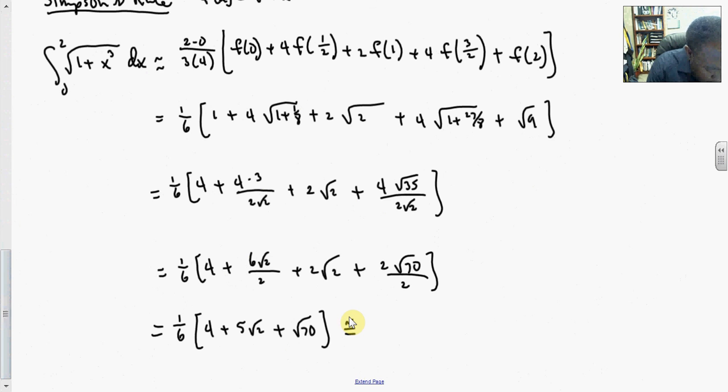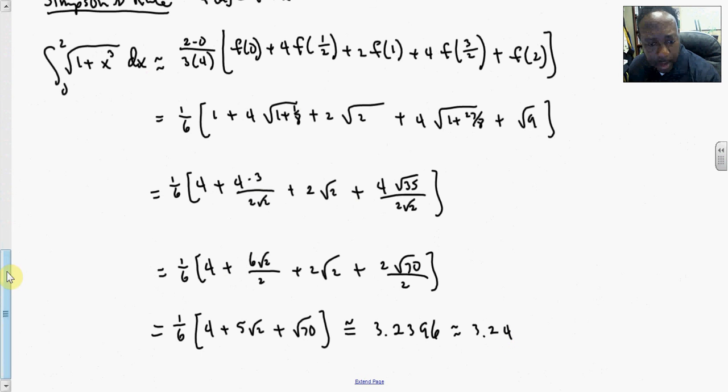And that will give you on your calculator 3.2396. Something like 3.24, close to that, right?